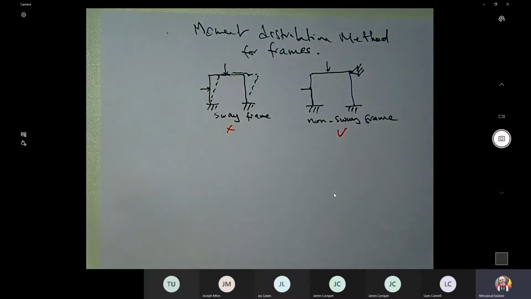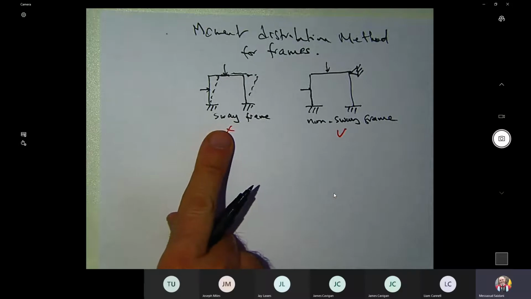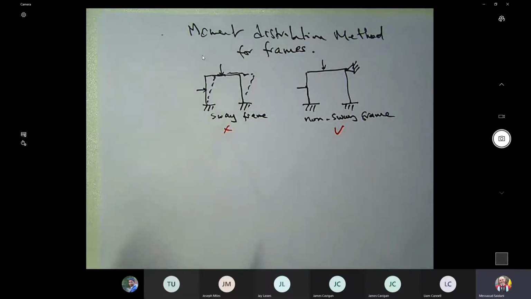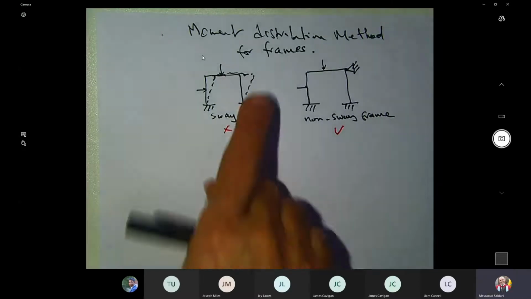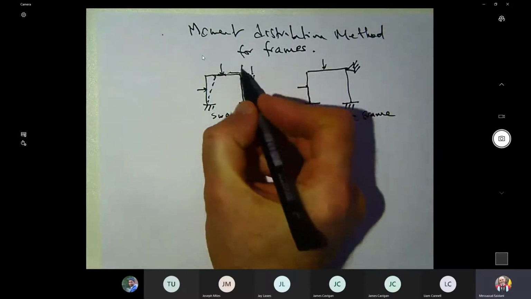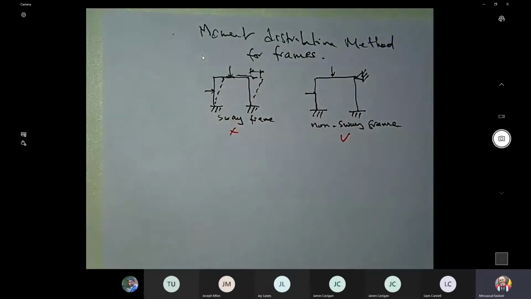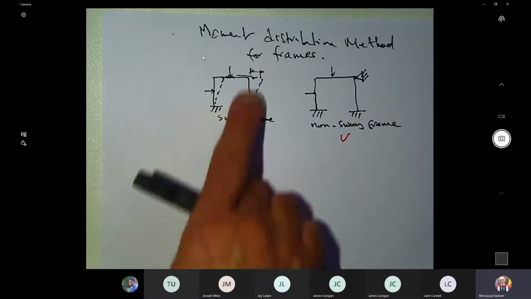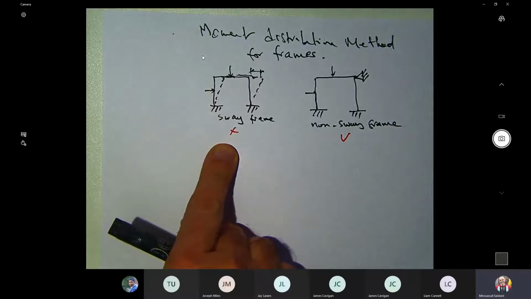The reason is it takes longer. That's all. It takes longer to analyze sway frames using moment distribution, because you have to do it in two stages. Because you've got a displacement here that you need to take into account. So the moment distribution method in this case is you have to do it in two stages.